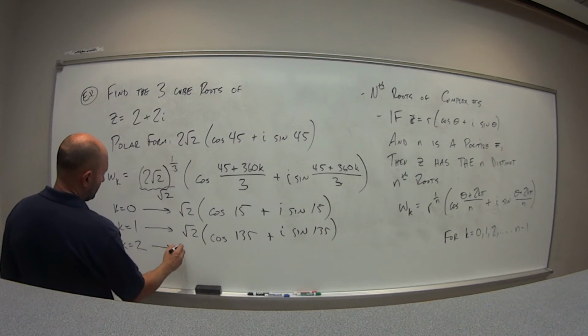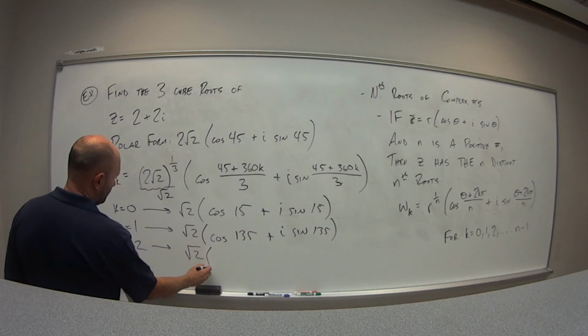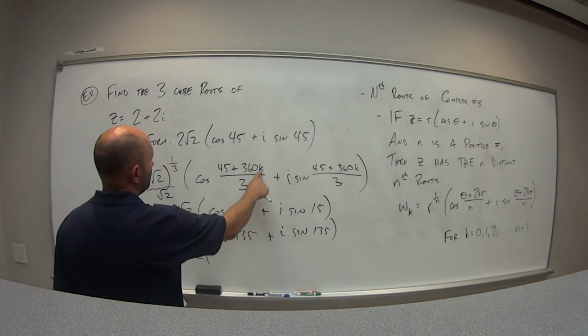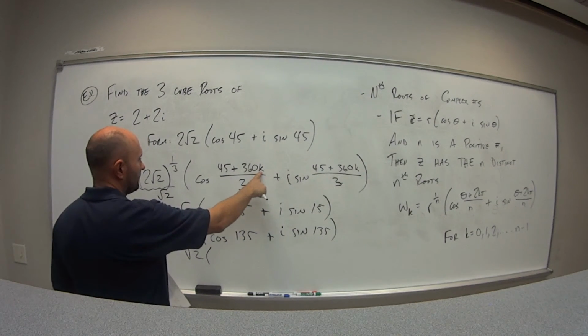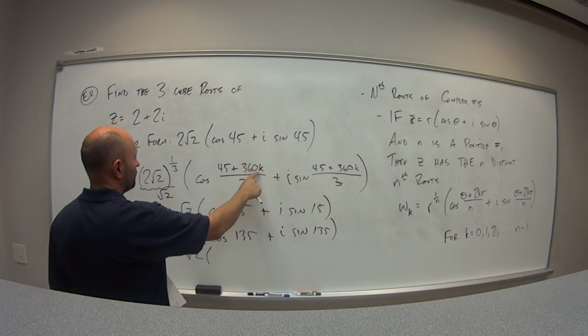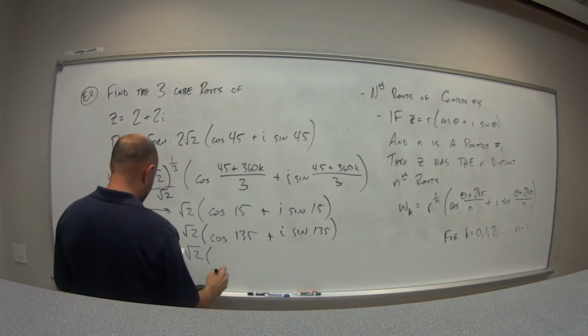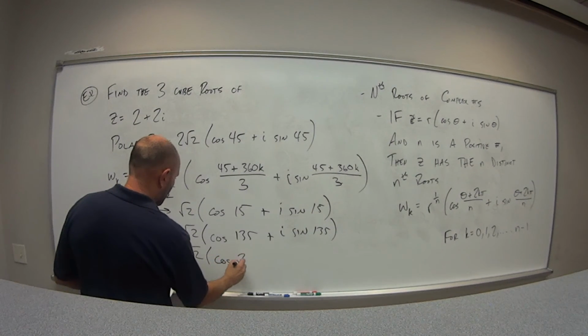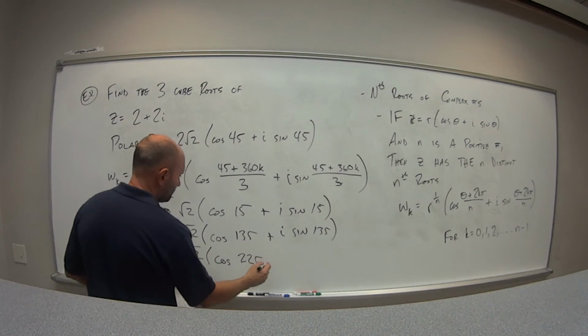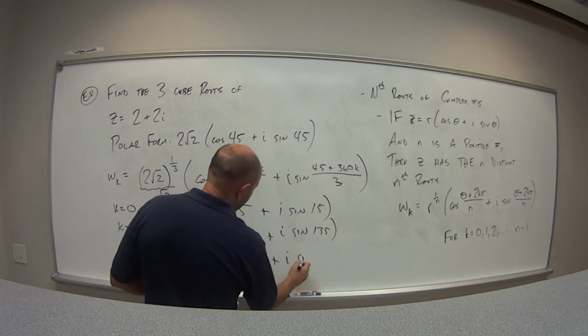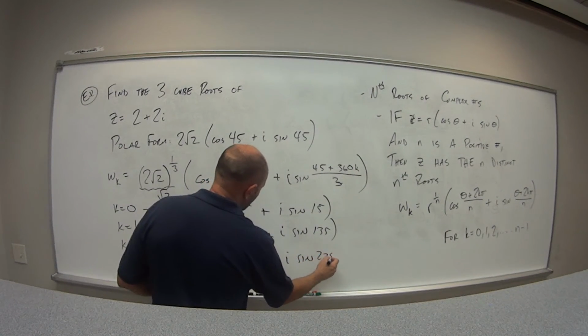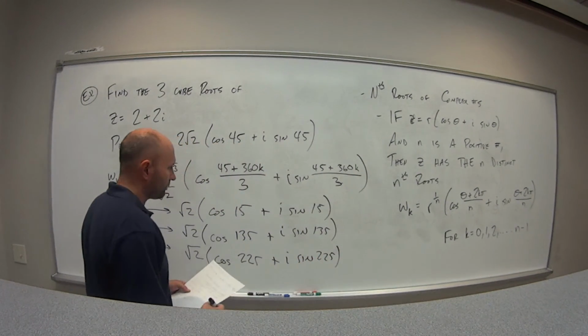And then k is equal to 2. Again, we have square root of 2. So if k is 2, this is 720. 360 times 2, 720, plus 45 is 765, divided by 3 gives us cosine of 225 plus i sine of 225.